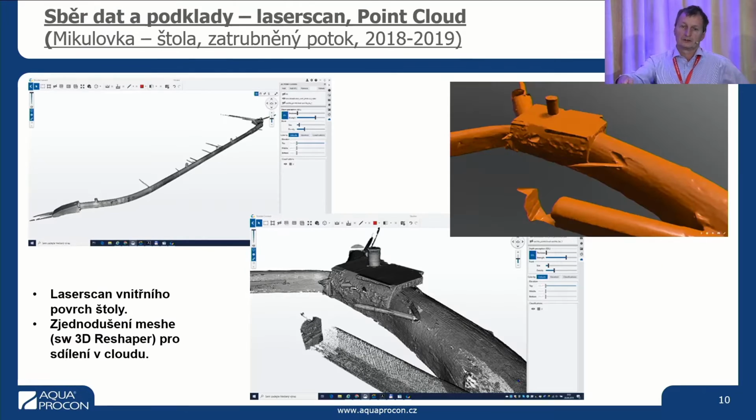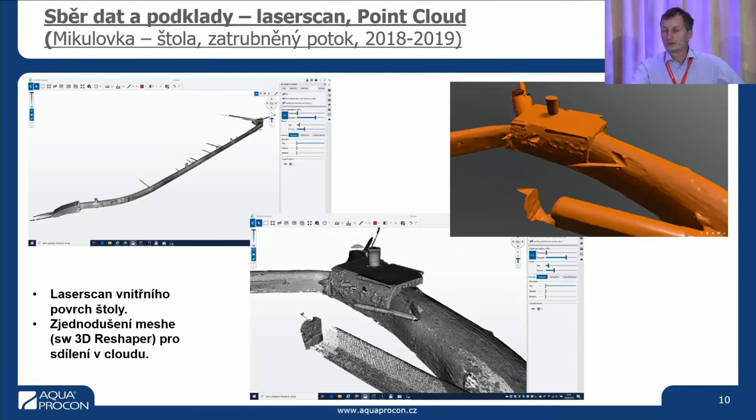The next activity that we do is 3D scanning. And again, you see data acquisition from the actual works. So what you see from the outside, this was scanned inside.